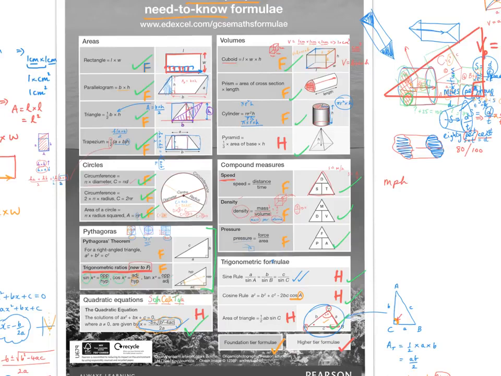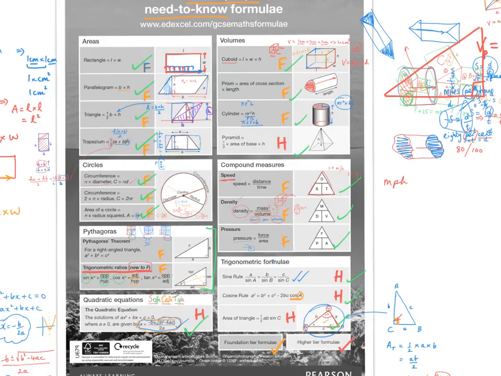So just to recap, if you're sitting the foundation paper, you only have to know the ones that are in dark grey. Okay, and I've labelled those with F's here. And if you're a higher student, you have to know the ones in light grey, and it's expected you'll already know the ones that are given as foundation.